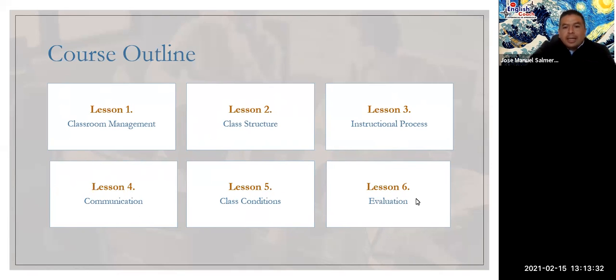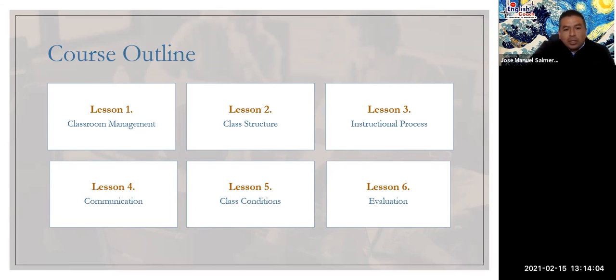Now, as you're going to notice after we start these sessions, all of these 6 lessons are sections in our observation class formats. So at the end, whatever we are going to observe, whatever we are going to show our teachers in our training courses, is actually what's going to be evaluated.